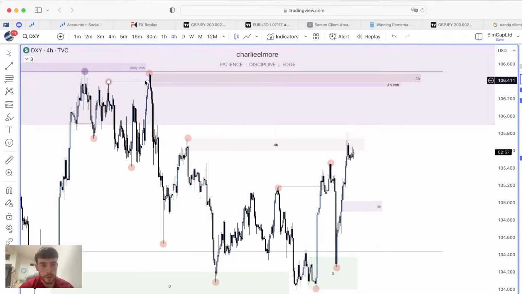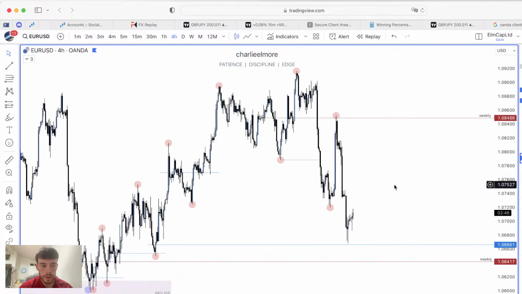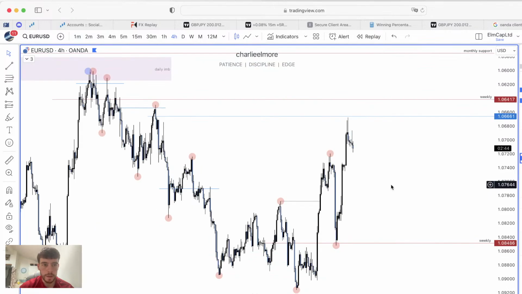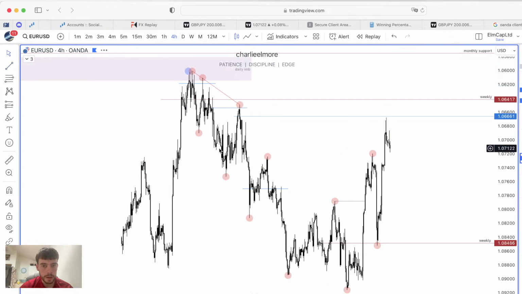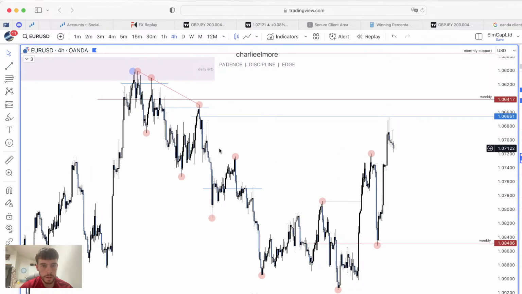Something different on the DXY to the euro dollar is the fact that this high was swept and then price came down. On euro dollar, if we just go to euro dollar and make it inverted again, you can see there was no sweep here. So all of this could be taken. Okay, so that's something to keep in mind.